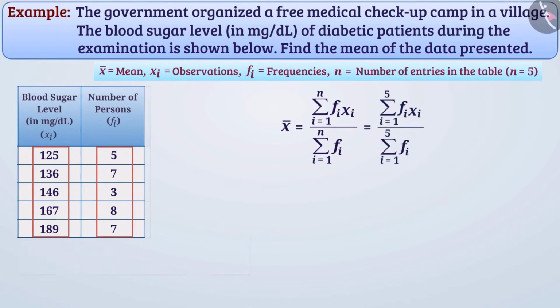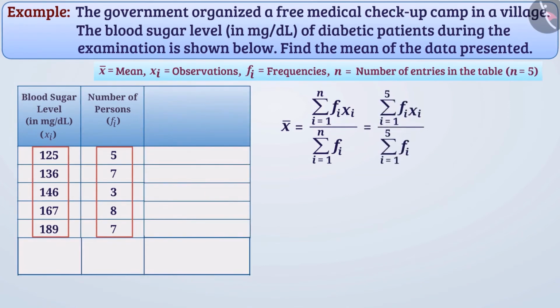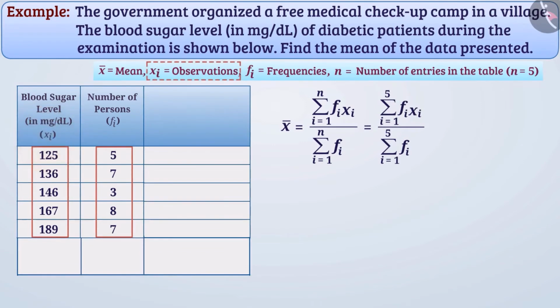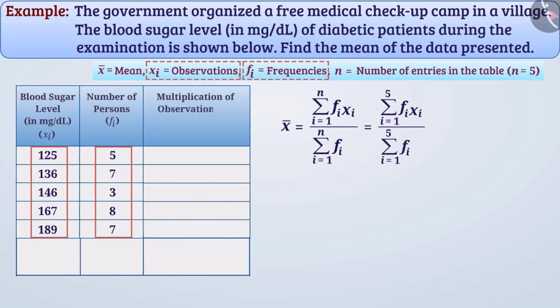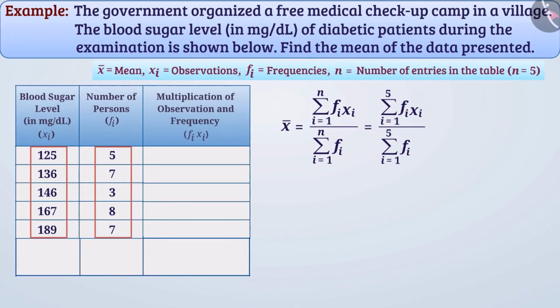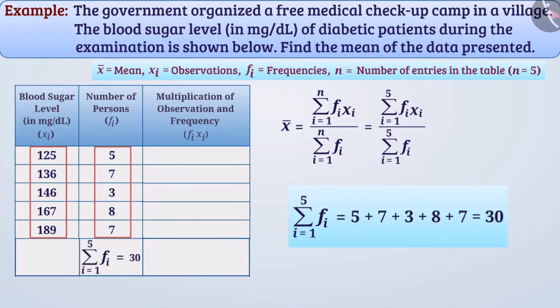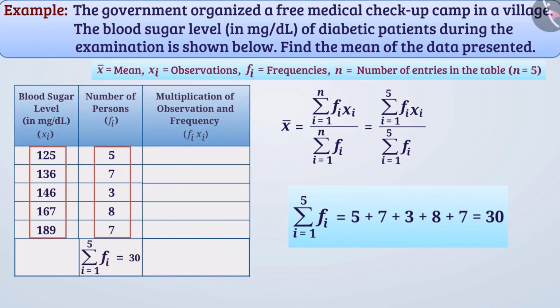We will make the table like this, where in the first column we represent xi, the observations, in the second column fi, the frequency, and in the third column the multiplication of observation and frequency, fixi. Here, the sum of the frequencies is 30, which means that a total of 30 diabetic patients were tested for blood sugar level.